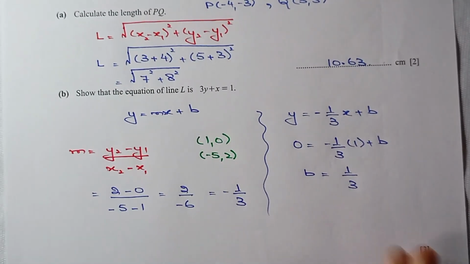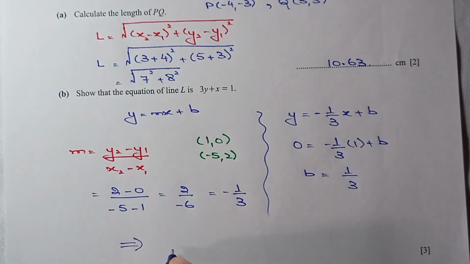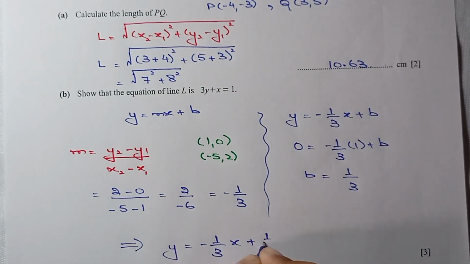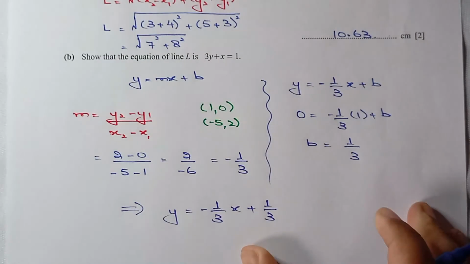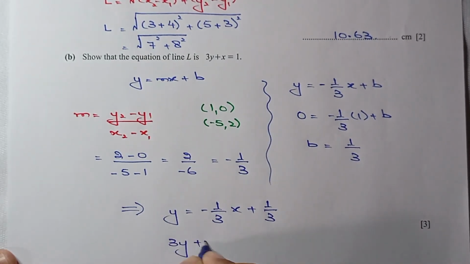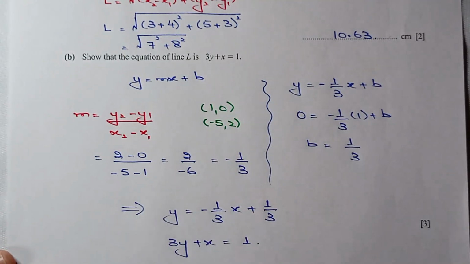Substituting the value of b, the equation of line L is y equals -1/3 x plus 1/3, and if we multiply by 3, 3y plus x equals 1. So we got the same equation of line for L.